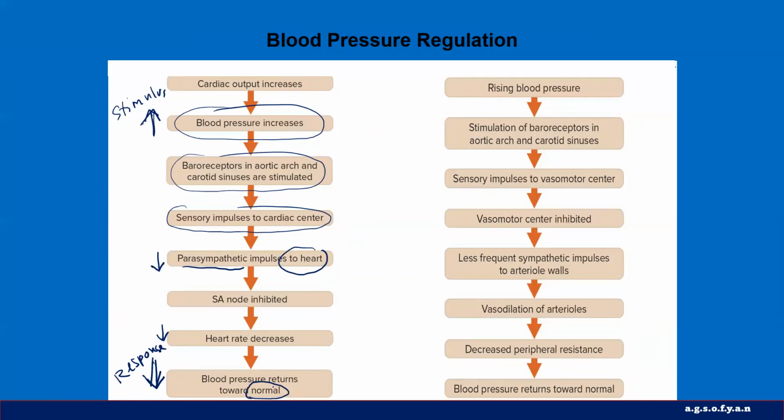On the right side over here, this is the peripheral area. The stimulus is increased, and there are some baroreceptors in the aortic arch and the common carotid artery that will sense that information.